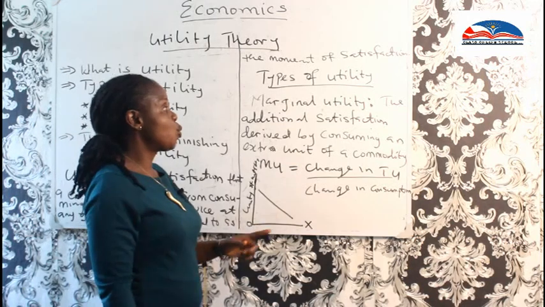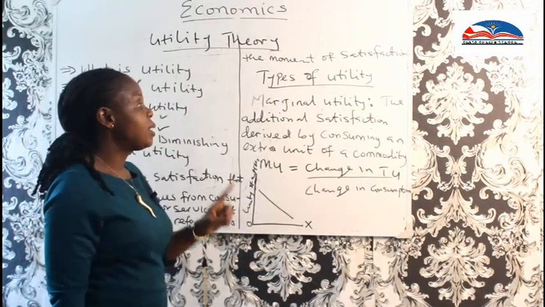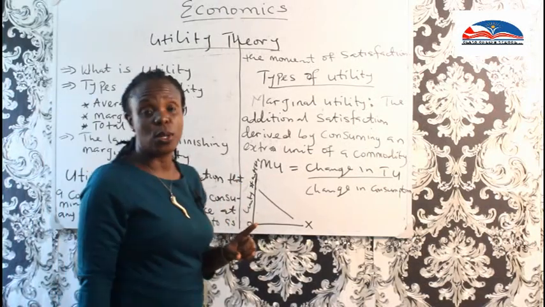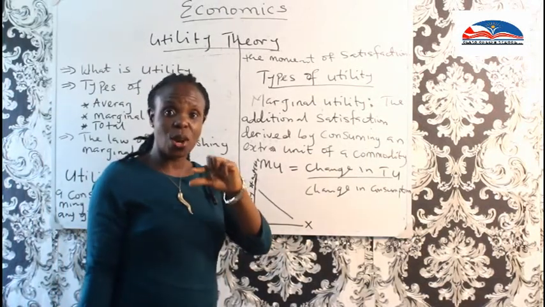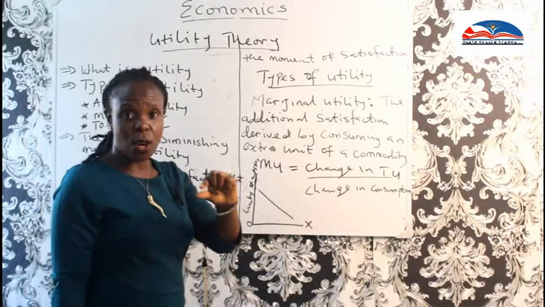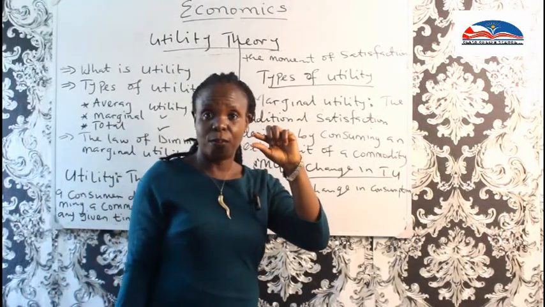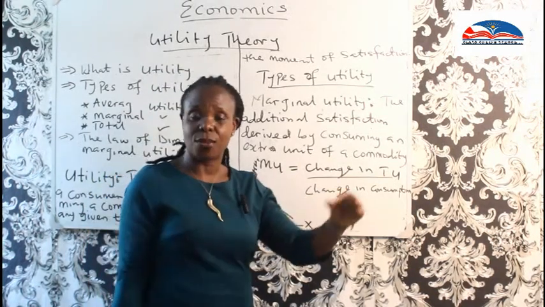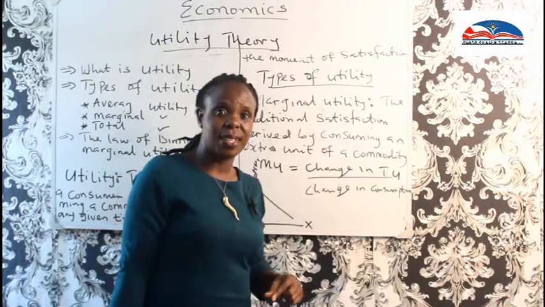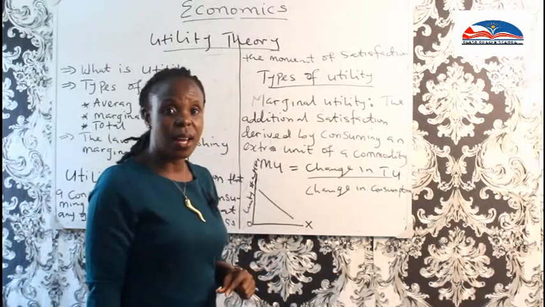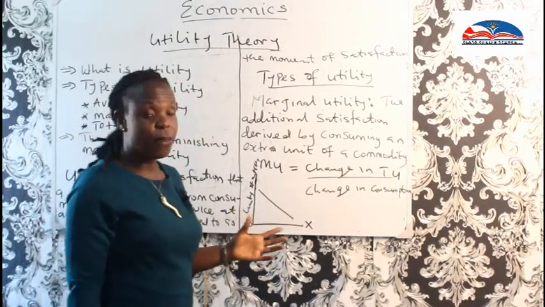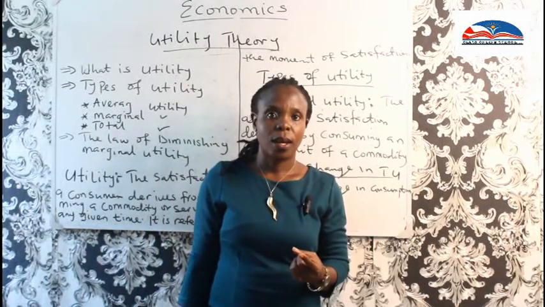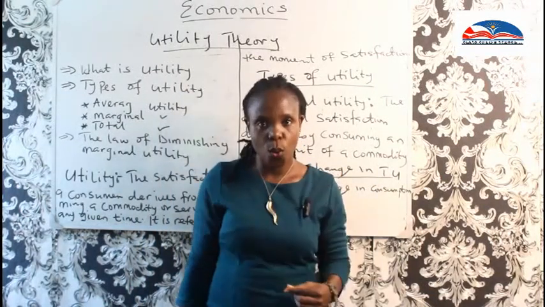Marginal utility has to do with the additional satisfaction derived by a consumer from an extra unit of a commodity. The extra unit that a consumer gets is what we call marginal utility. Let's say, for example, I bought my first bottle of water, and then I bought a second one.